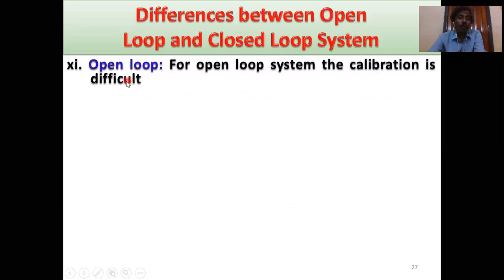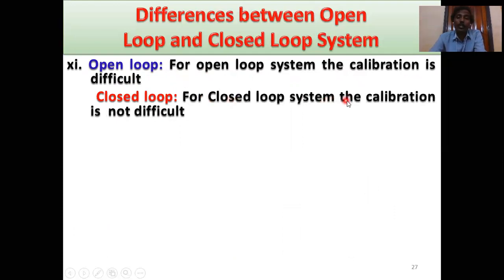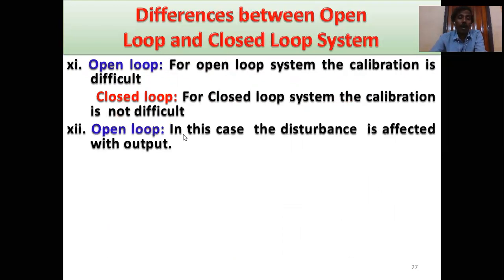Another point: for open loop systems, calibration is difficult. For closed loop systems, calibration is not difficult. Next, for open loop systems, disturbance affects the output.